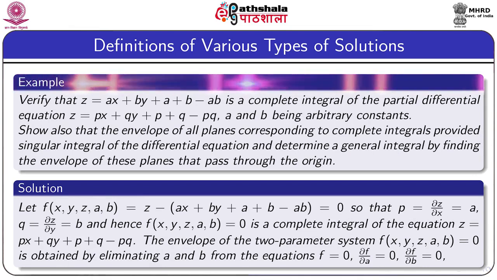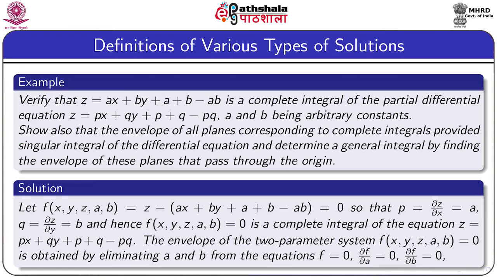Now, we shall take one example to explain all types of solutions. In this example, the equation is given: z equals px plus qy plus p plus q minus pq.